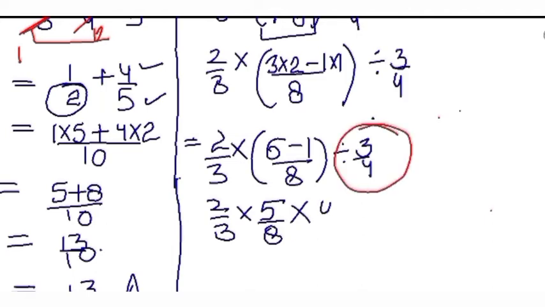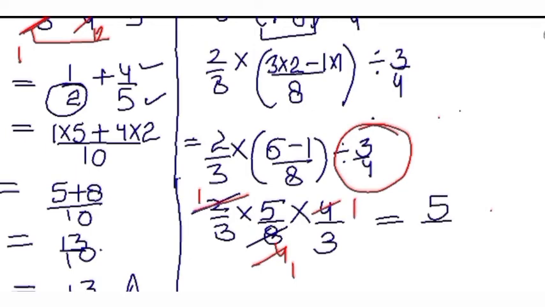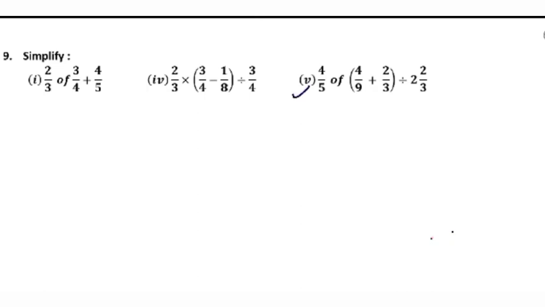Its reciprocal is 4 upon 3. This numerator and this denominator both are divisible by 2. So cut them. 2 1s are 2, 2 4s are 8. Again this 4 1s are 4, 4 1s are 4. Okay. Now in numerator you have 5 1s are 5 and in denominator you have 3 3s are 9. This is your answer. Now let's do the next part.